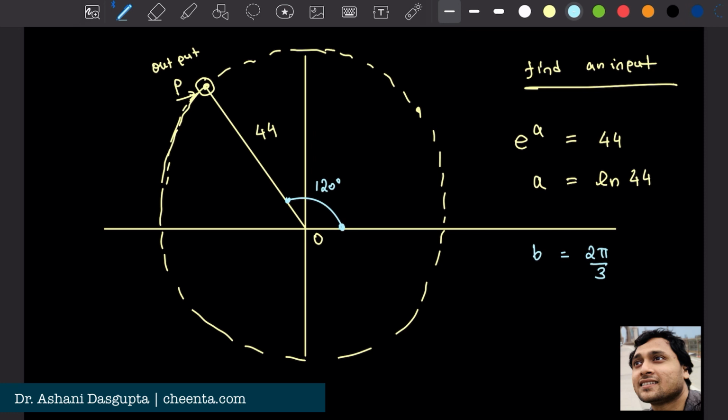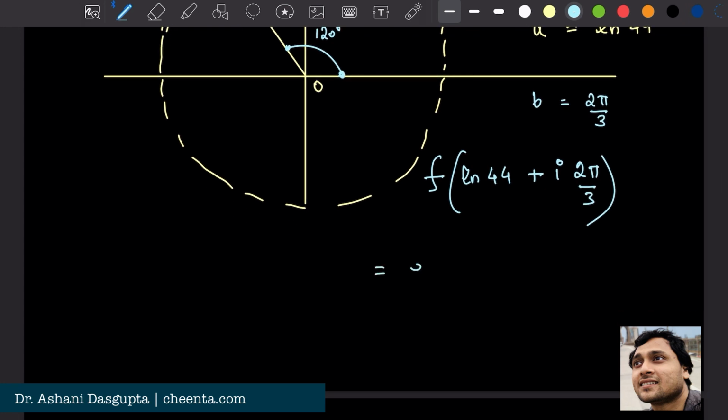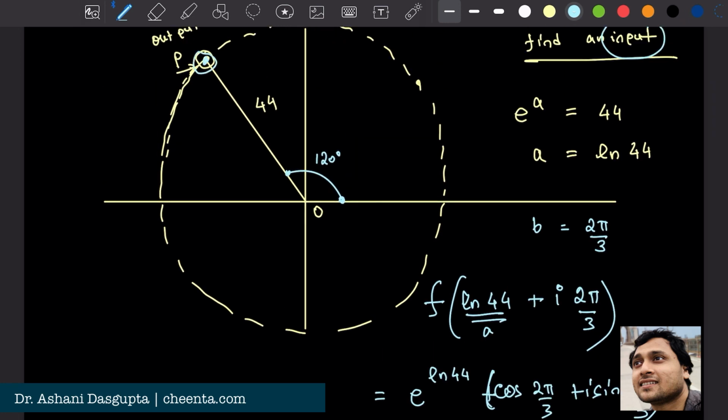So you found the input point. The input point is ln 44 plus i 2 pi by 3. For f of that, e to the power a is this number, times cosine of 2 pi by 3 plus i sine of 2 pi by 3, which will precisely give you this point.